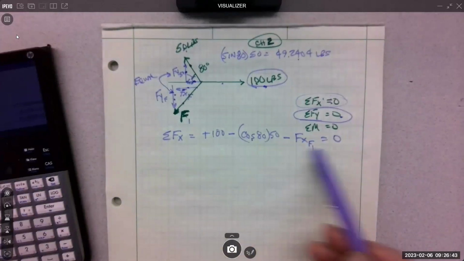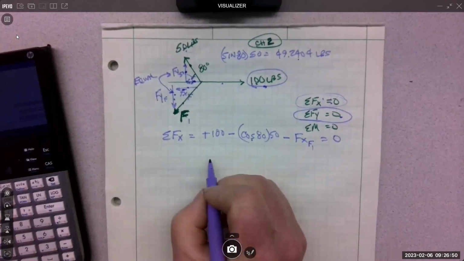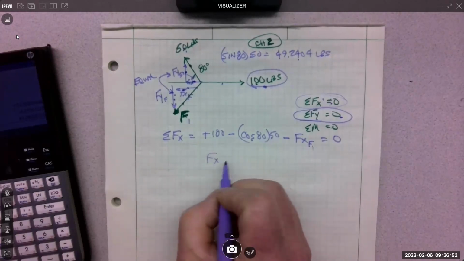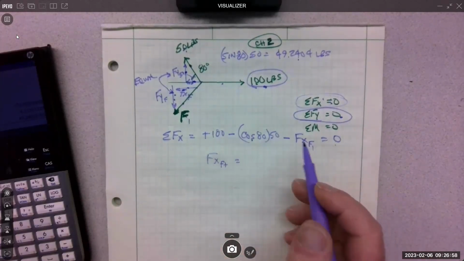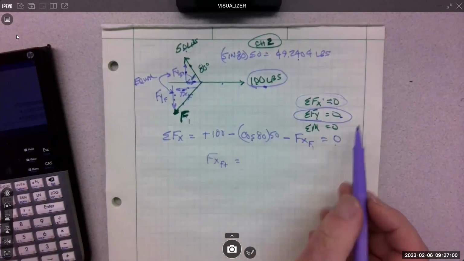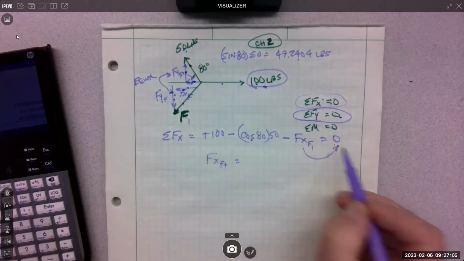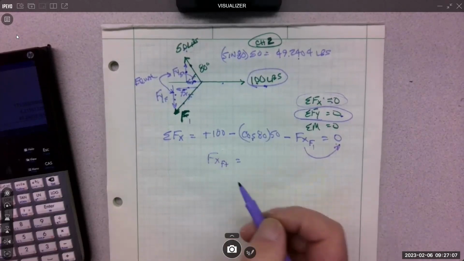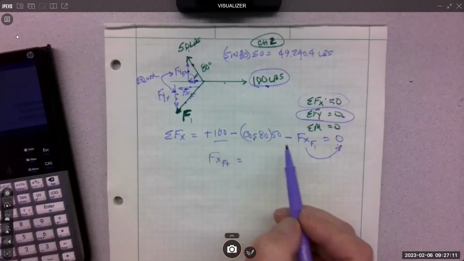So you build these equations and then solve for this thing. The whole thing's equal to 0, but no force is equal to 0. So that means this can move over here, right? Become positive. And then it's just this, which that's a number and that's a number.